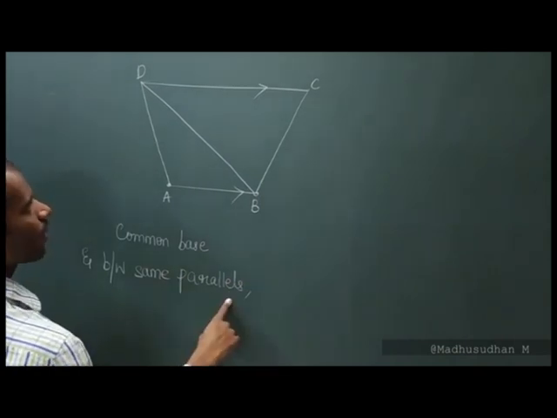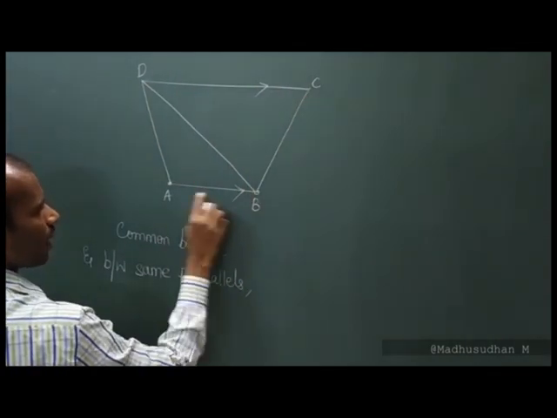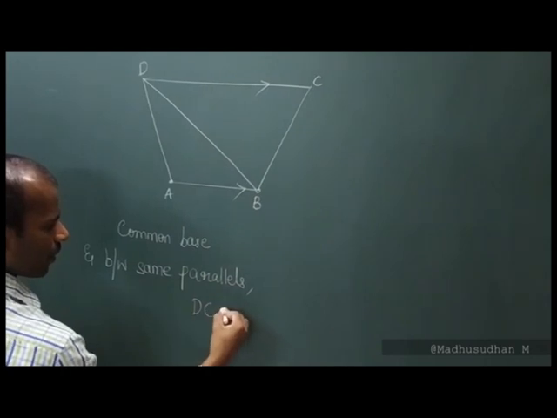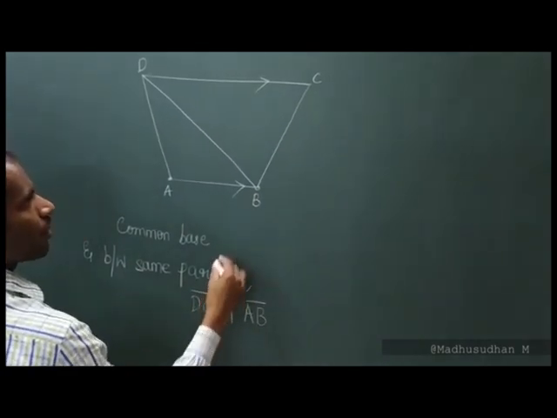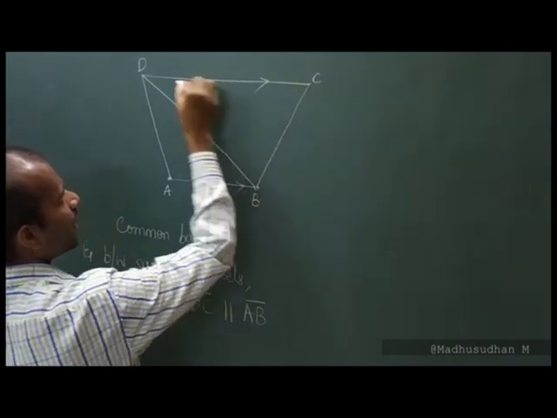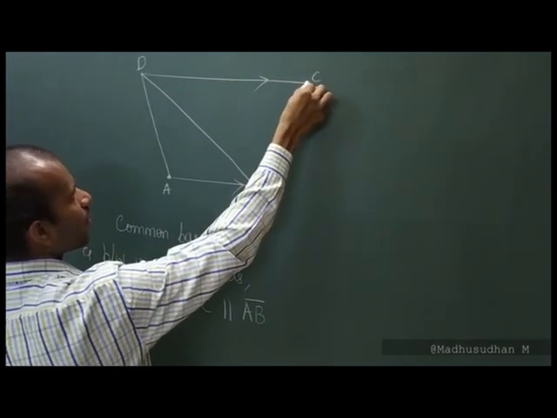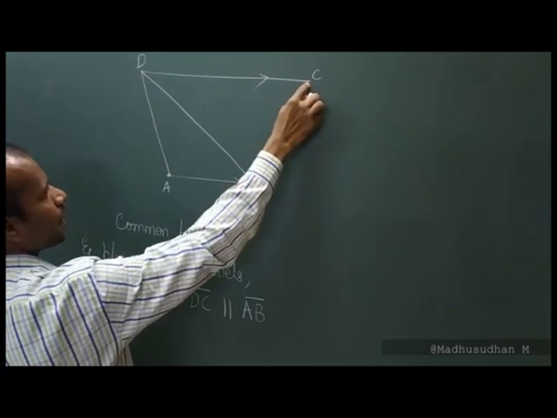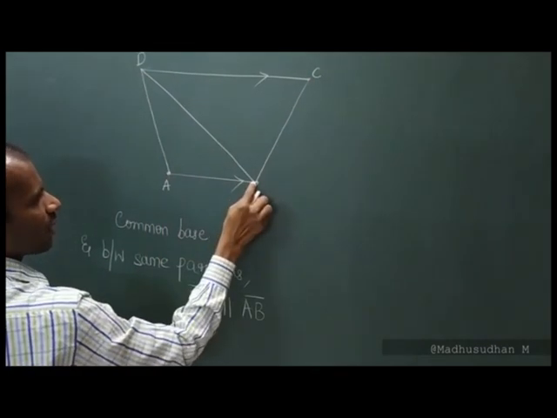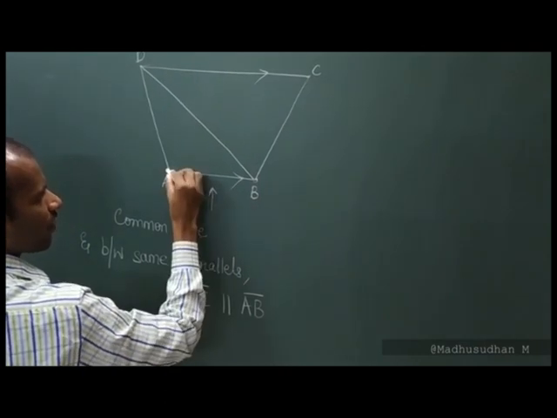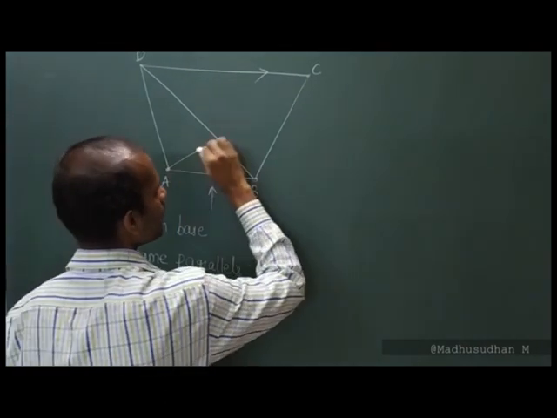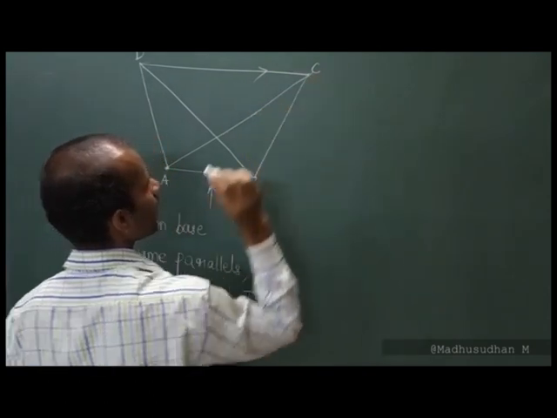DC parallel to AB. See, we have the entire parallel line starting from D to C and from A to B, with this common base, if I can join this A and C here.